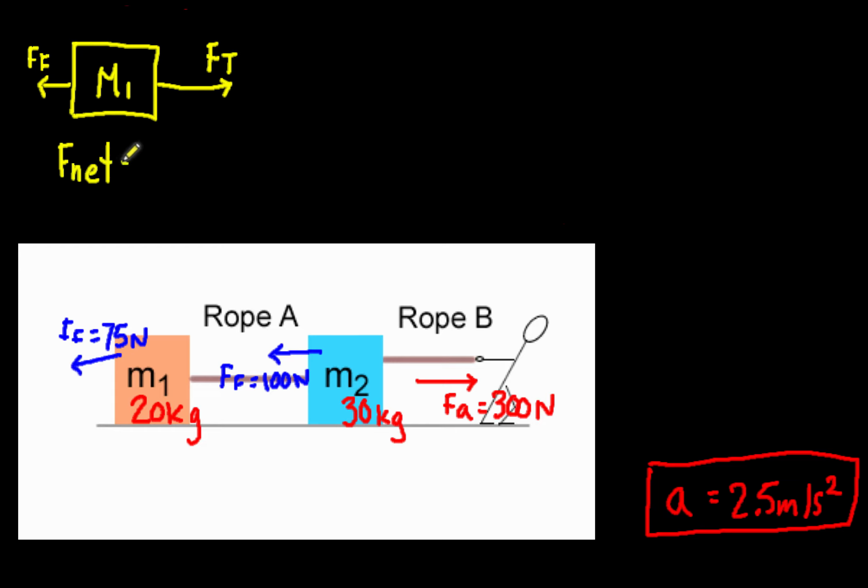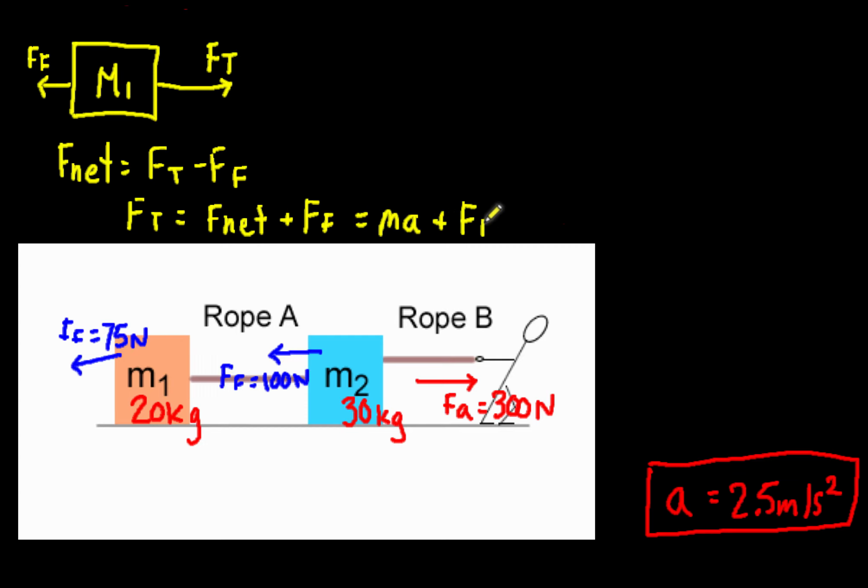So the net force on mass 1 is force of tension minus force of friction. We can rearrange this for force of tension. Force of tension equals the net force plus the force of friction.